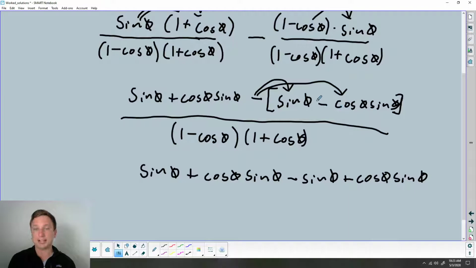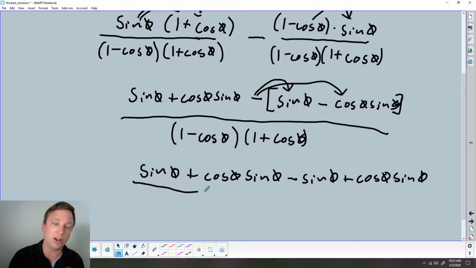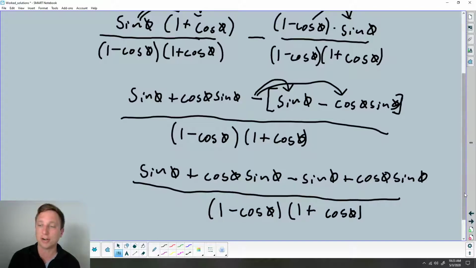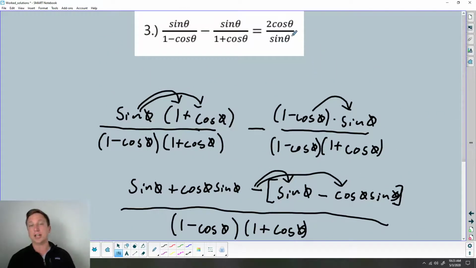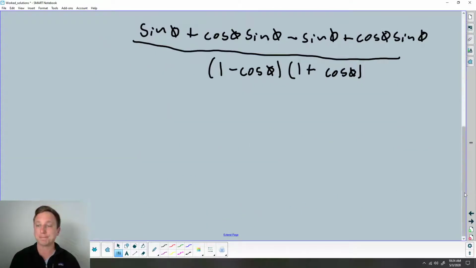And that turns into a plus because we have a negative times a negative. And this is all over 1 minus cosine theta times 1 plus cosine theta. I'm not going to multiply this out yet because I want to see what happens. If we look at our original, what we want to show, there's nothing dealing with that 1 minus cosine theta sine theta.